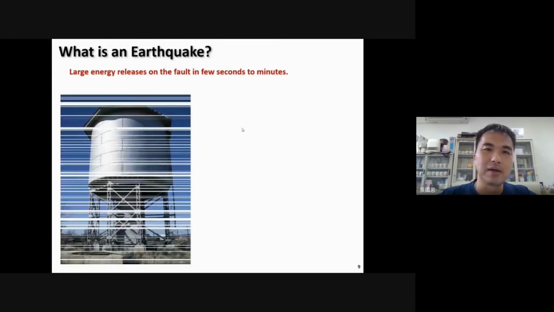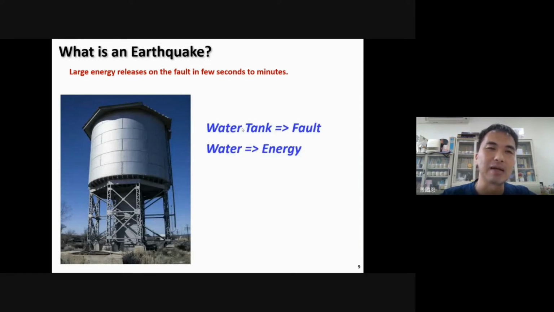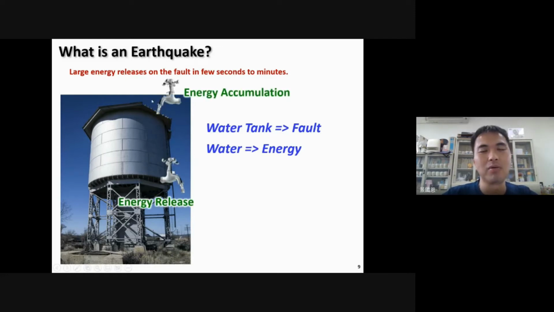Okay, so every time when I talk about the earthquake, I always like to use this tank model. Here you could see this is the water tank. Please imagine that we always need to recharge the water from somewhere. We want to put more and more water into the tank. And of course, we always need to use the water, so we always could get water from this tank.